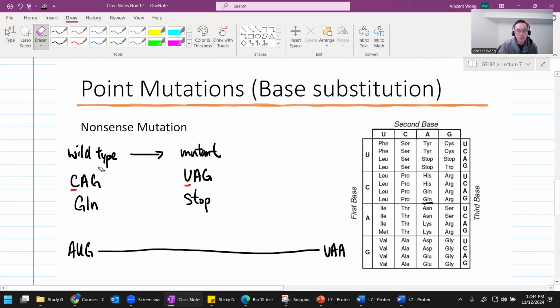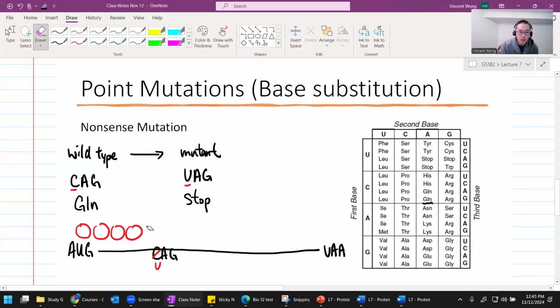But let's say you have this nonsense mutation and you introduce a stop codon here. So instead of CAG, this one mutates to UAG, and so when you build the protein, you have amino acid, amino acid, amino acid, amino acid.